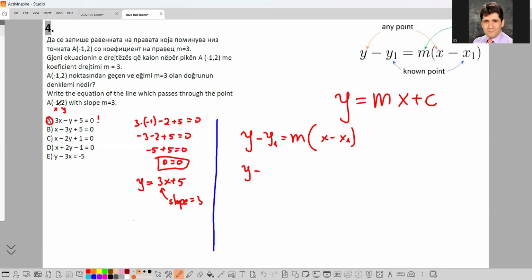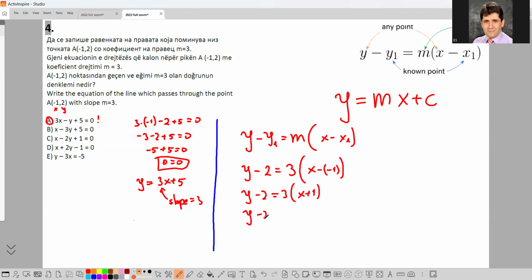X is -1, y is 2. So this is 2 is equal. What's the slope of the line? Well, it's given, 3. X minus, what is the x coordinate of the known point? -1. Right, so this is y minus 2 is equal to 3 times x plus 1.